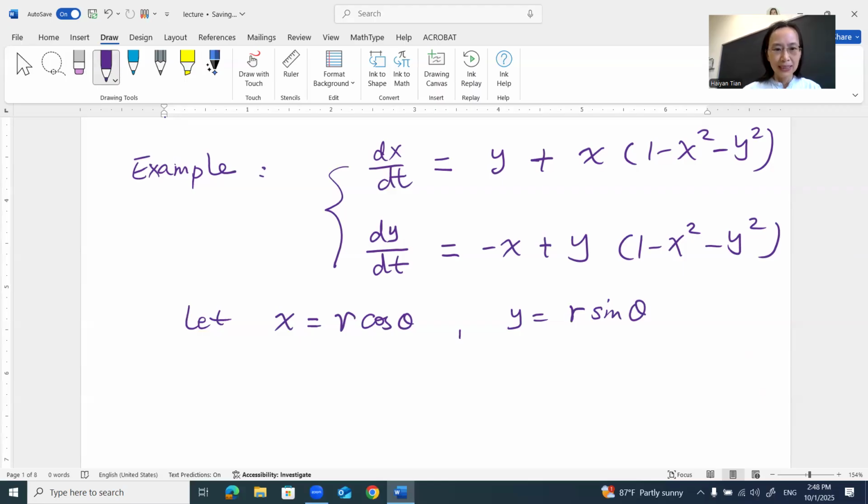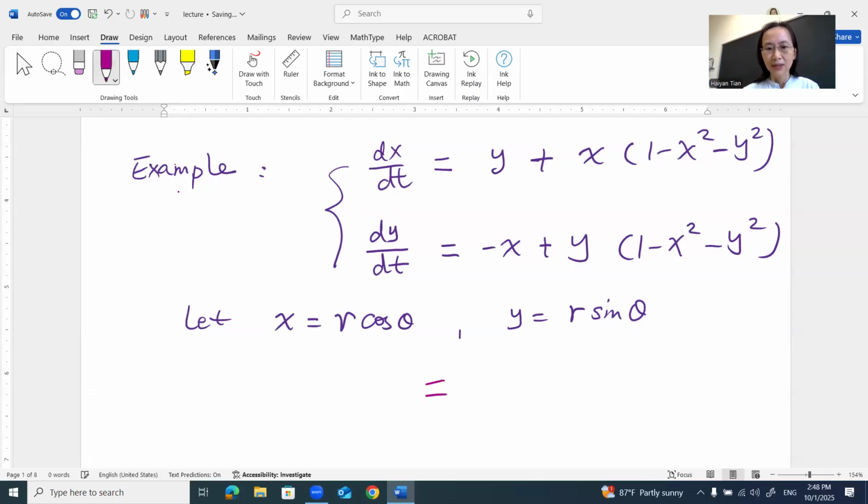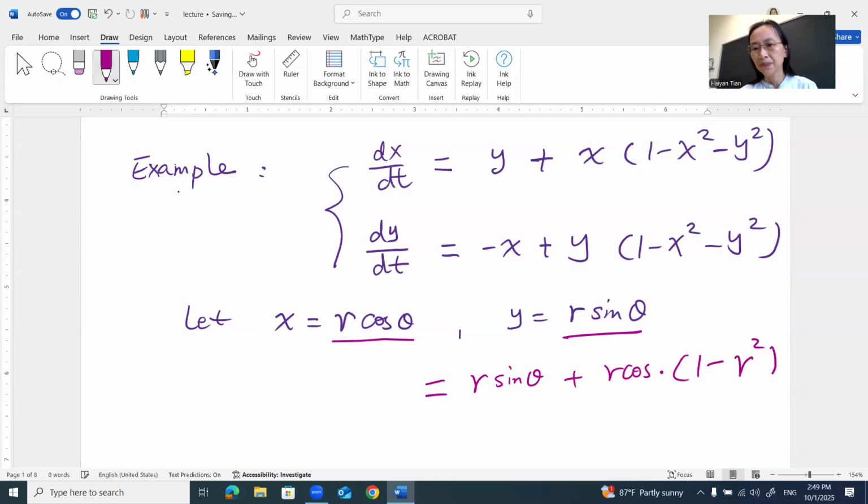Very quickly, on the right-hand side, we can replace each x and y in terms of r and theta. So the first equation, the right-hand side, the y will be r sine theta, the x will be r cosine theta, and 1 minus, you see x squared plus y squared, that will be r squared.